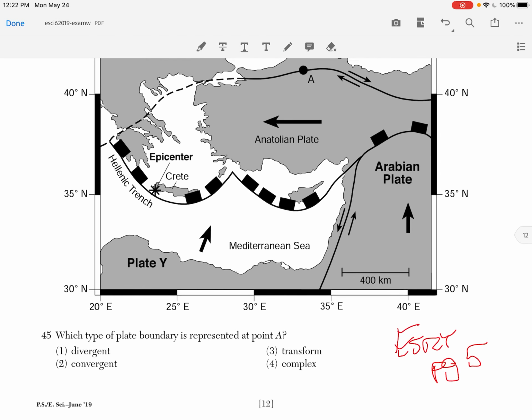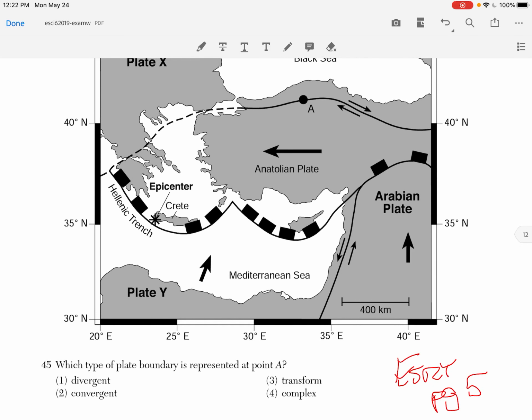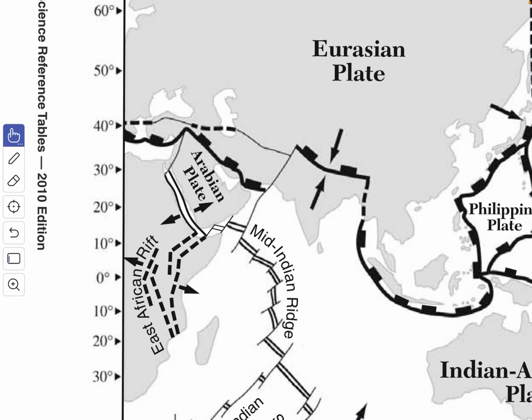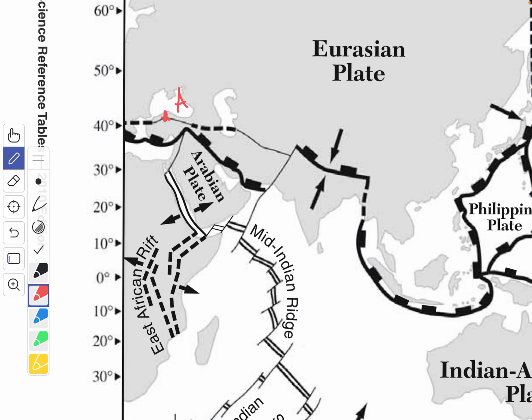And let me just go back up to this. Point A is located right there, and you can see there are two arrows indicating the direction of motion, and they are sliding past each other, which is the hint to this. And if we look at our reference table, that region would be point A on our reference table, okay?